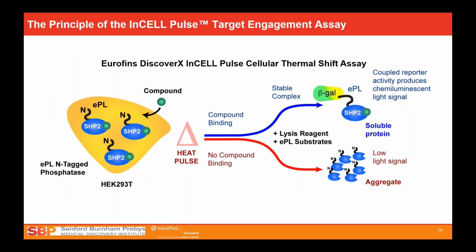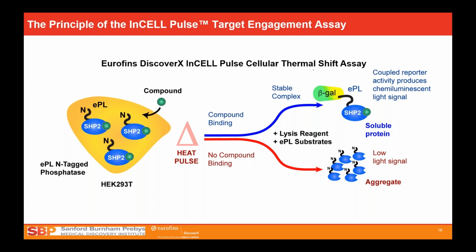So Paul's already given the outline of how this works. So I'll talk about mainly how this applies specifically to our project. Okay, so we basically will employ HEK293T cells as the cell type. And then what we did was make constructs of full-length SHP2 tagged at the N-terminus. We also would explore mutant forms of SHP2.